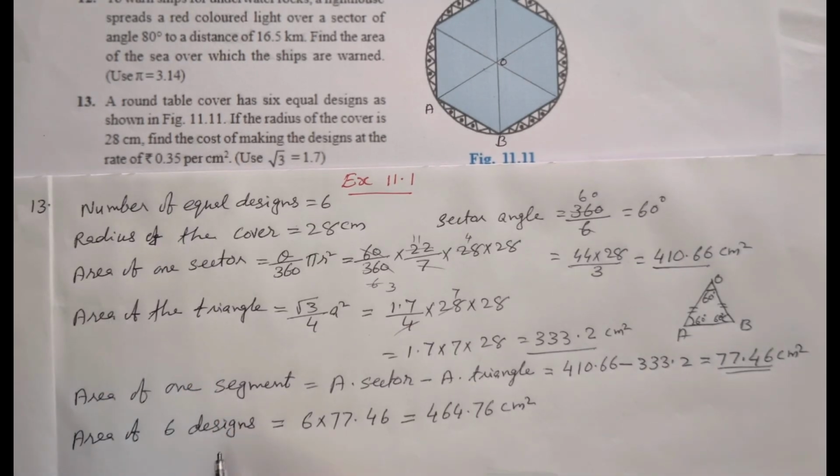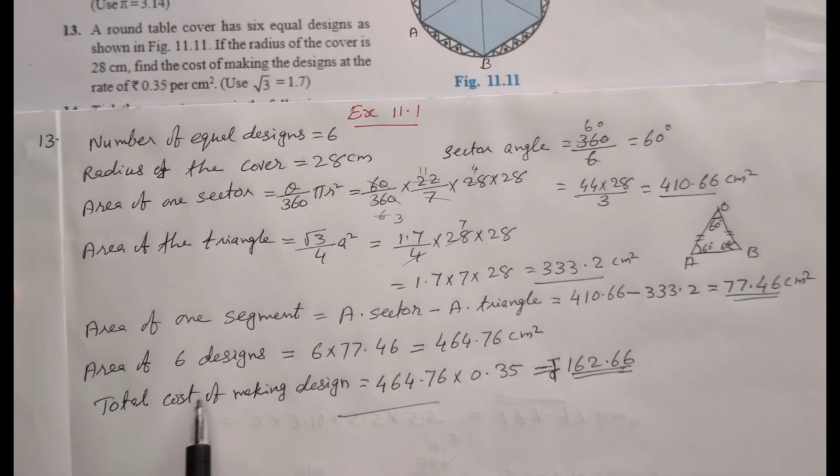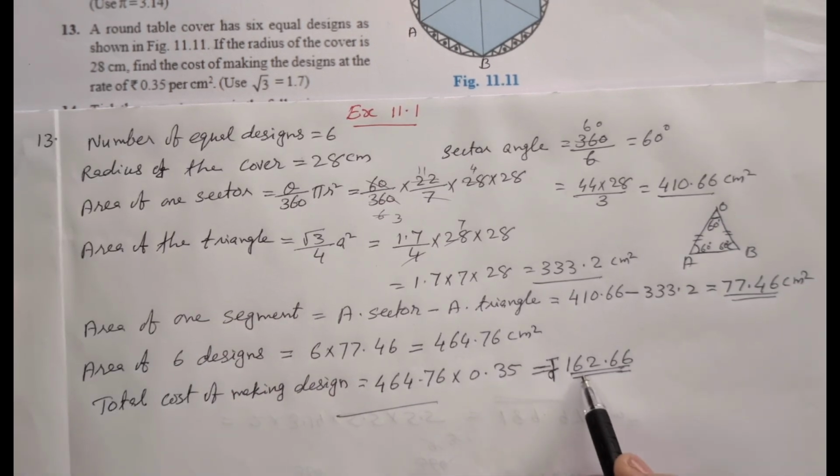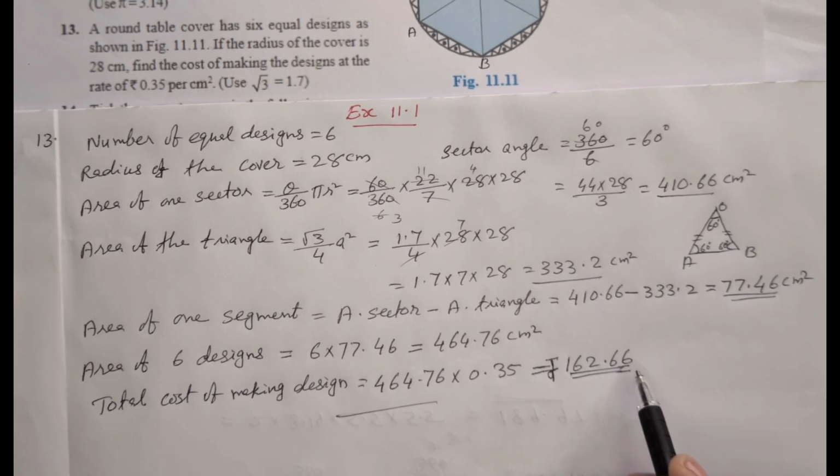So the total cost for making the design is equal to the area of the 6 segments, 464.76, into the cost given as 0.35 per centimeter square. When we multiply, we get 162.66 rupees, cost in rupees.